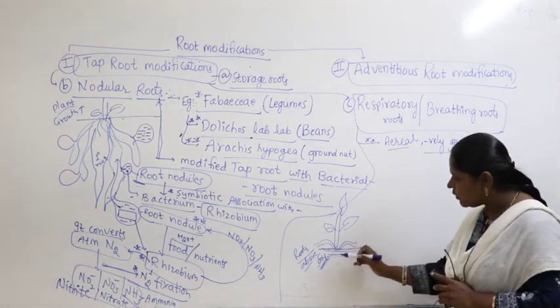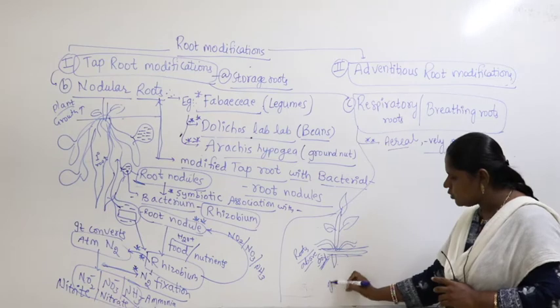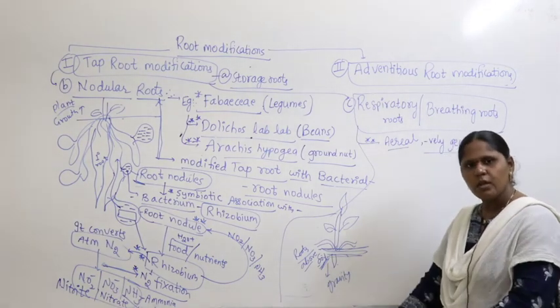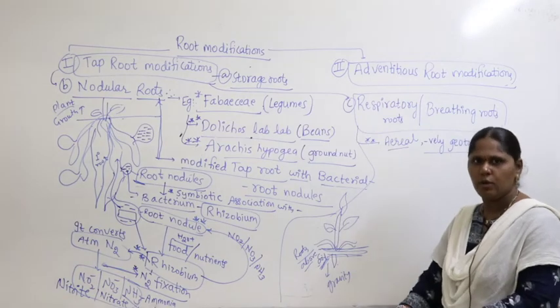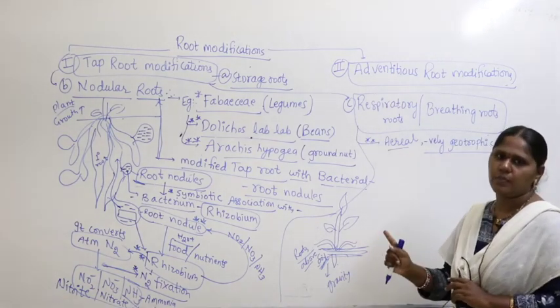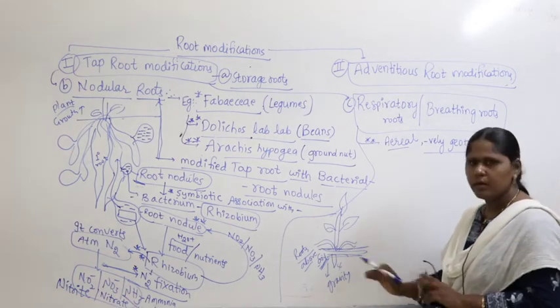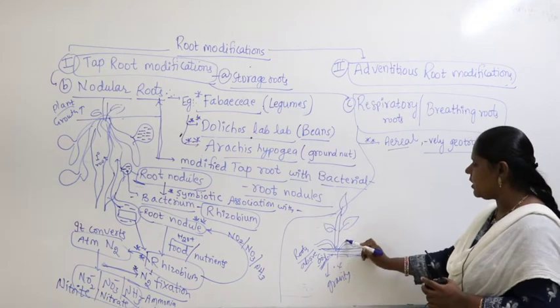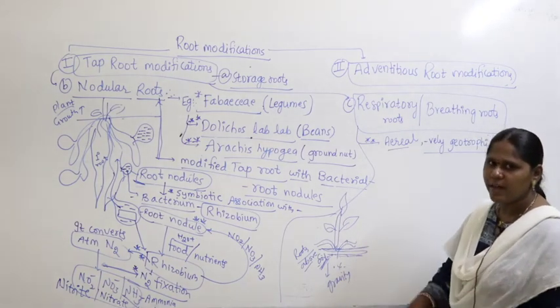Generally if the root grows down, that is towards gravity, into the deeper and deeper layers of the soil, that is called positive geotrophic. But here the root is not going down, the root is growing on the upper side. So this is not towards gravity.